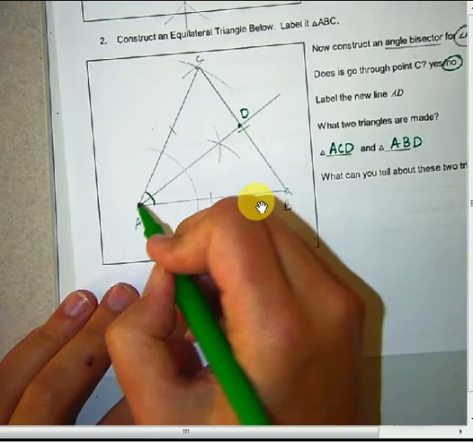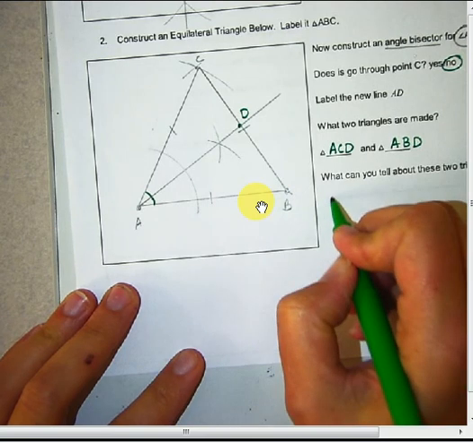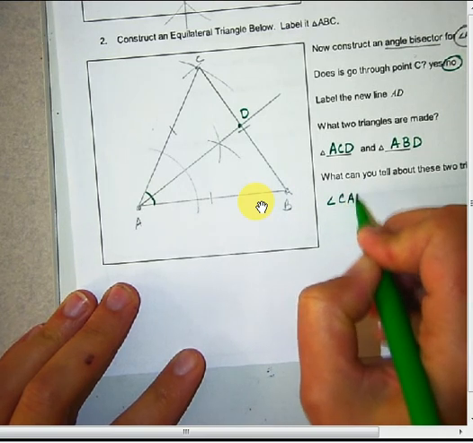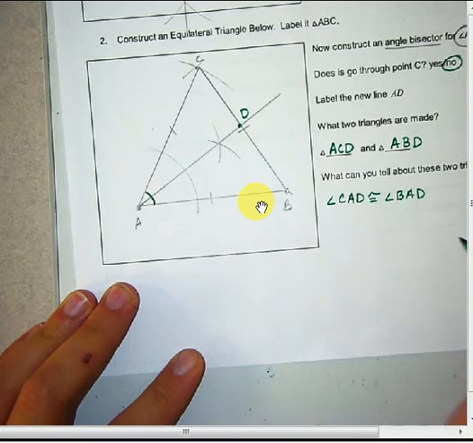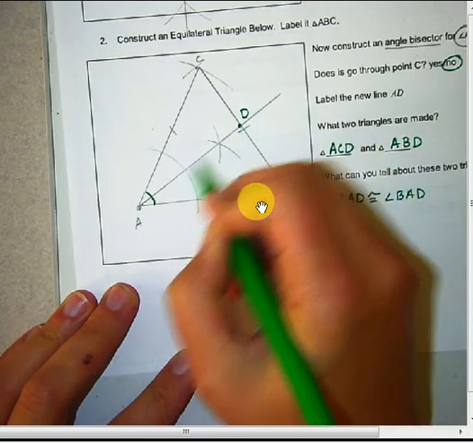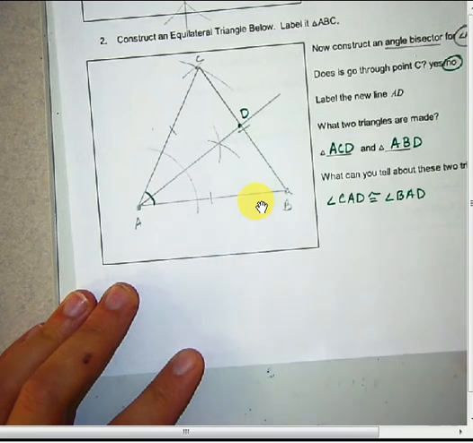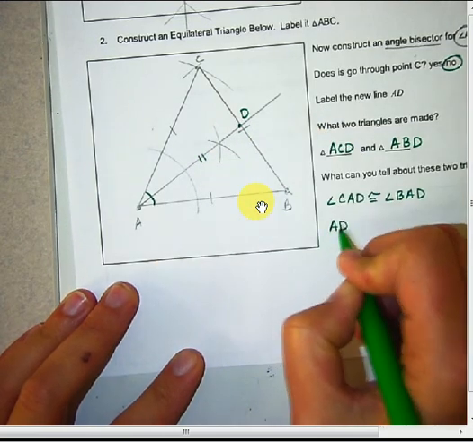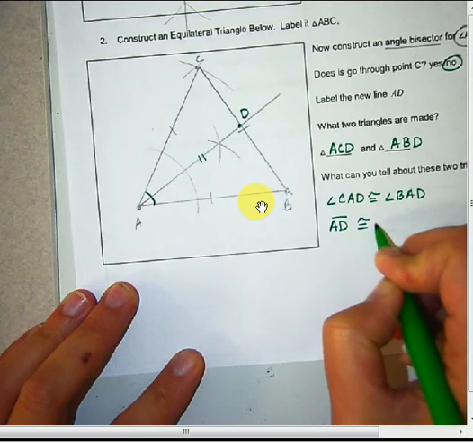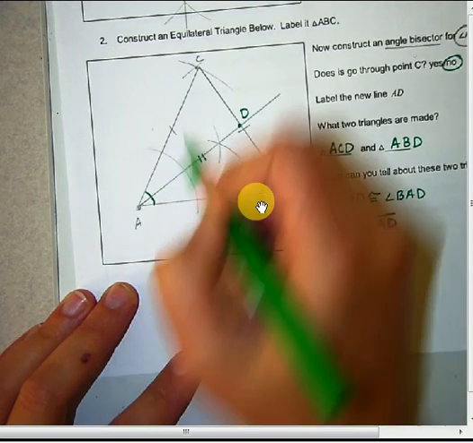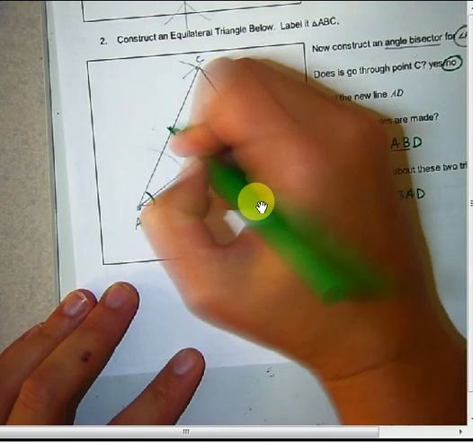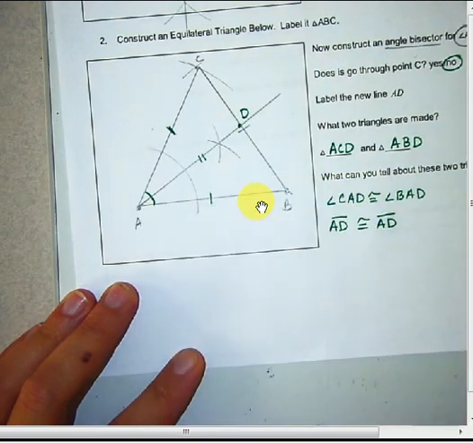Well, I know that these two angles are the same, so I know that angle CAD is congruent to angle BAD. I know that this line is congruent to itself, just like the previous one. So I know that line segment AD is congruent to line segment AD. I know that this side is congruent to that side because it's an equilateral triangle.